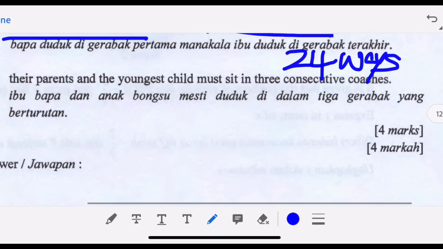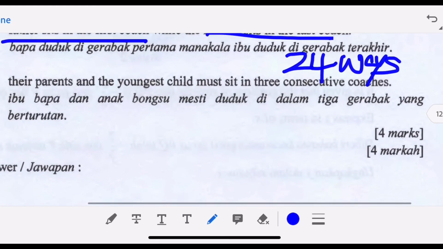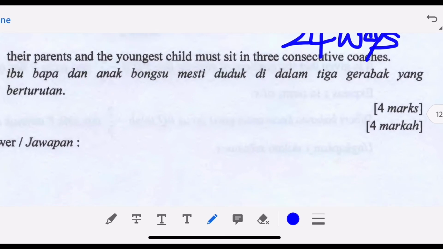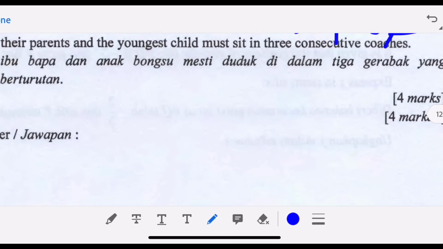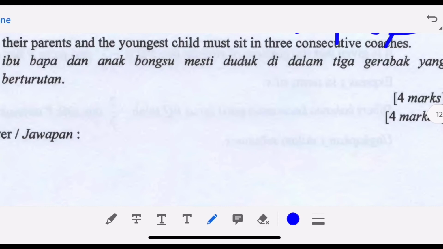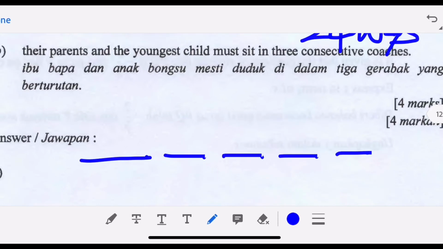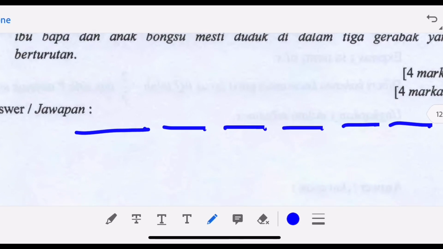And then the parents and the youngest child must be in 3 consecutive coaches. Okay, this is a bit hard. So it's assuming that parents means father and mother, and the youngest child, these 3 must be together. In other words, that is what the question wants to ask. Because if they are sitting in consecutive coaches, it means they are always together, right?